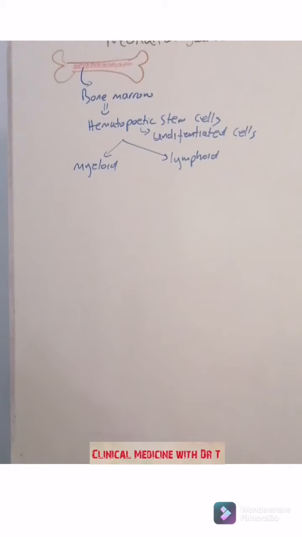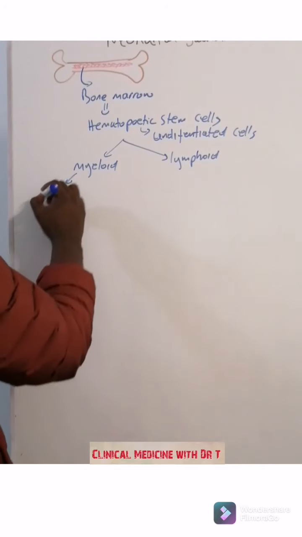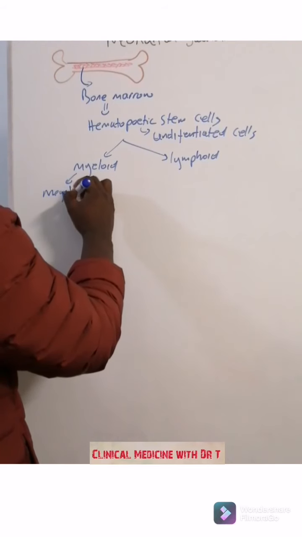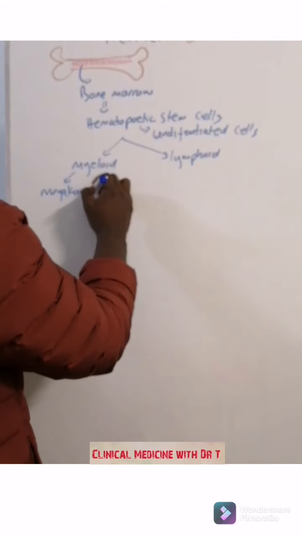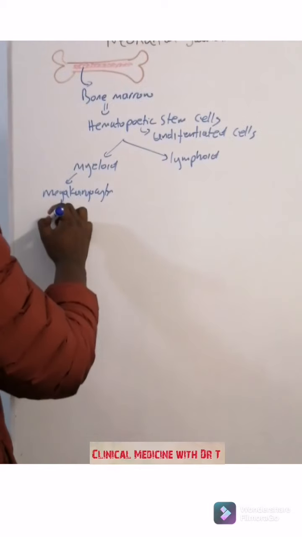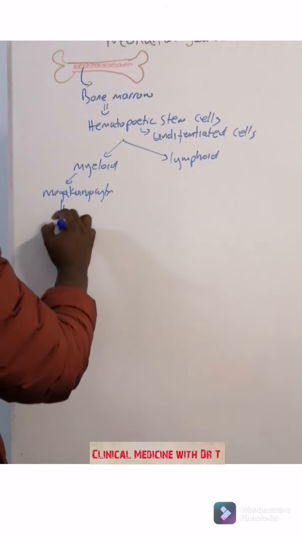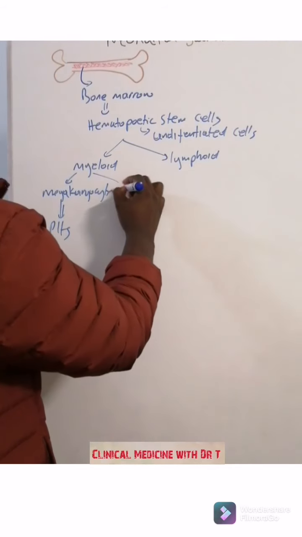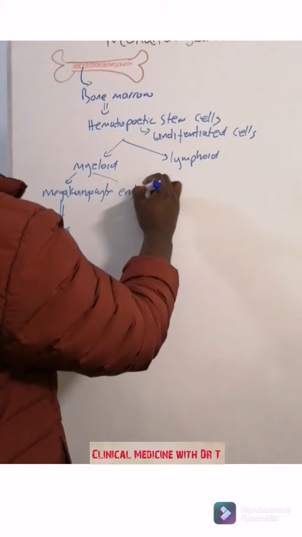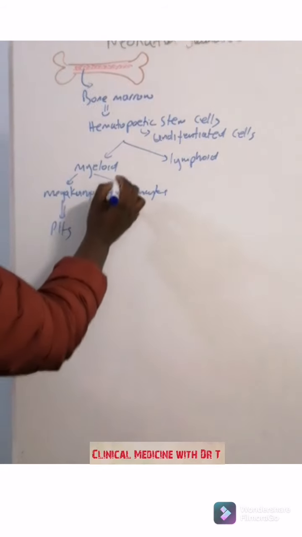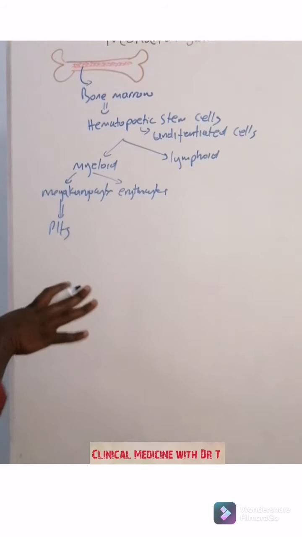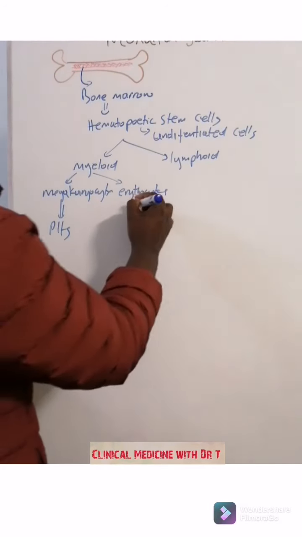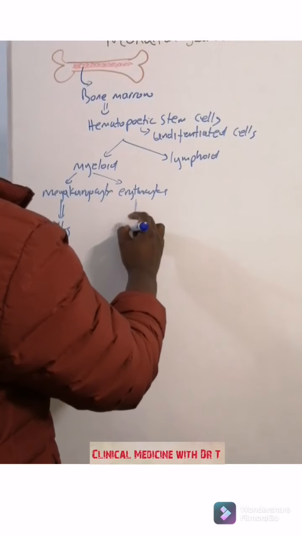If they take the myeloid route, they can either become a megakaryocyte, and later become platelets, or they can become erythrocytes. This is what I want us to talk about. Under the influence of erythropoietin from the kidneys, they become erythrocytes.